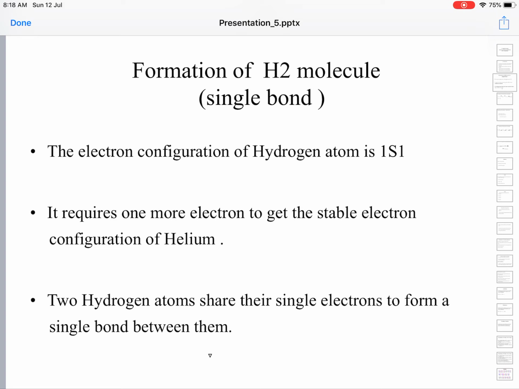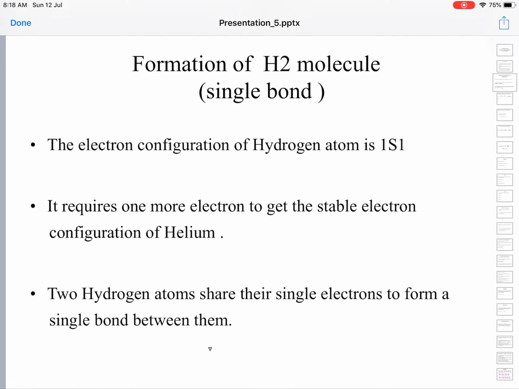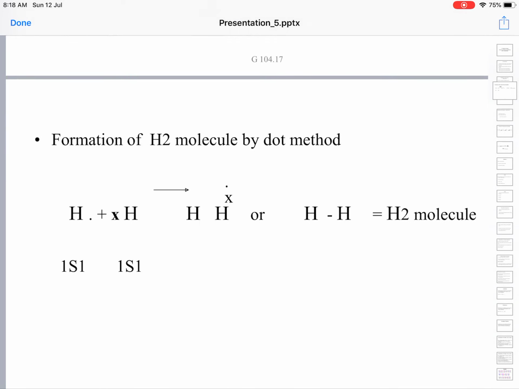Two hydrogen atoms share their single electrons to form a single bond. The bonding pair is shared by both the atoms simultaneously and equally.